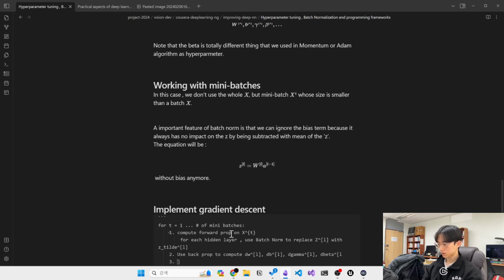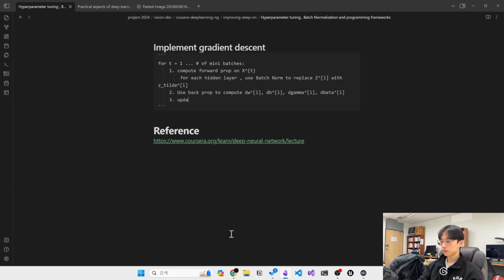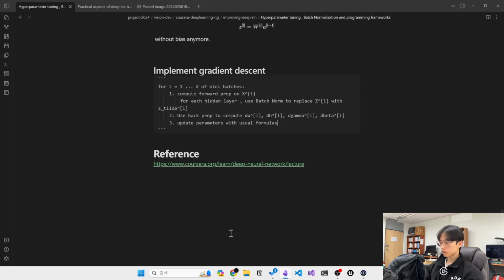So, w gets updated as w minus the learning rate times dw, as usual. Beta gets updated as beta minus the learning rate times d beta, and similarly for gamma. And if you've computed the gradients as follows, you could use gradient descent. That's what I've written down here.